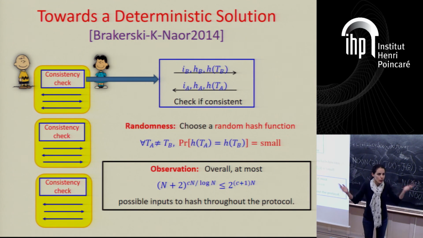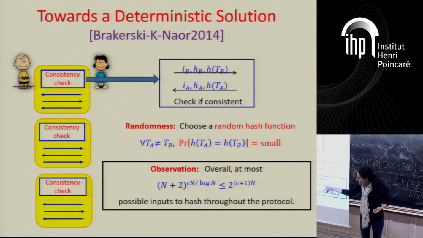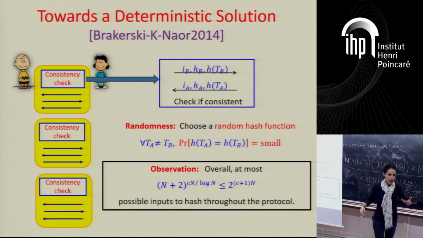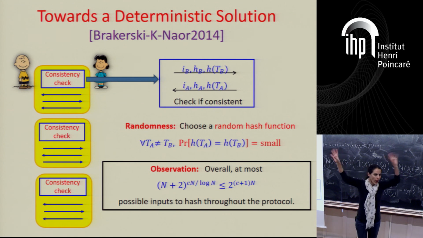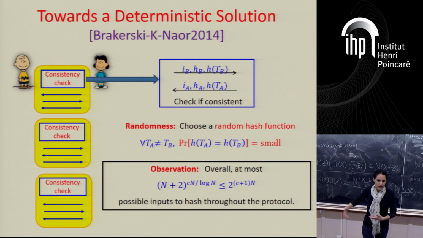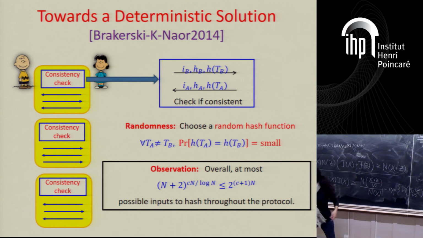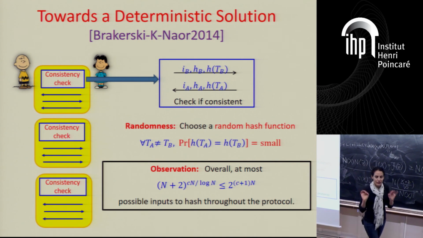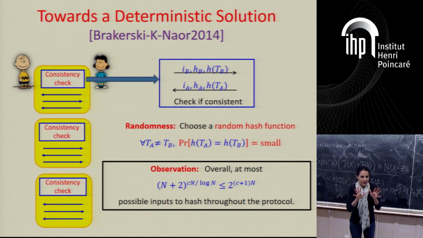Because there are so few transcripts, the probability of error is exponentially small. And I can also enumerate over x and y's and still get exponentially small. I didn't really show you the details, but this is the key observation: at any point there are only polynomially many options, not exponentially many options.